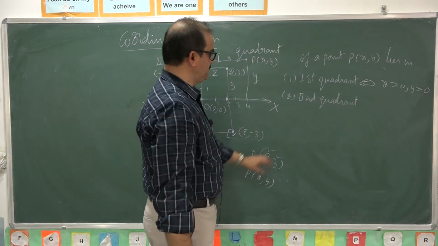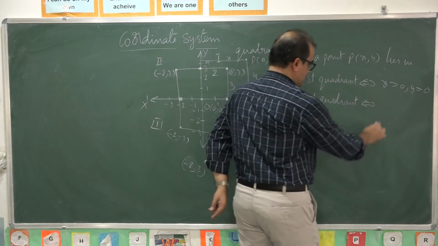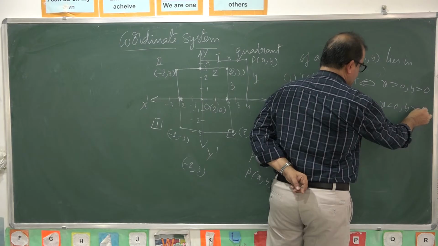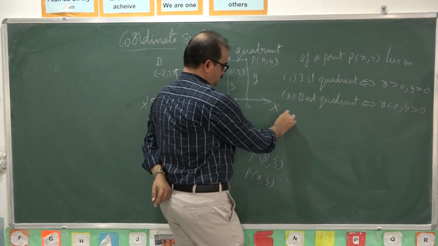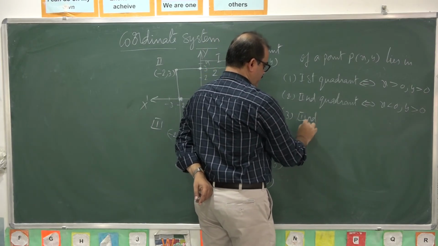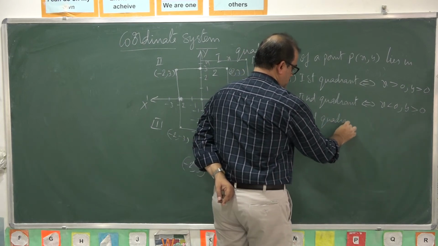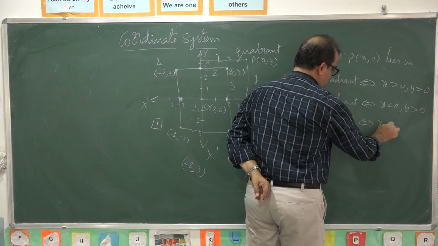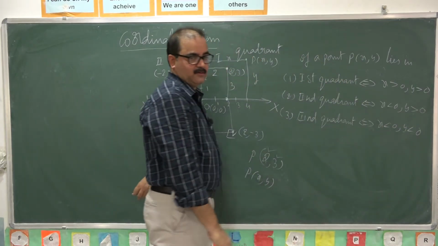If a point lies in second quadrant, in second quadrant x is negative and y is positive. If a point lies in third quadrant, x negative and y is also negative.